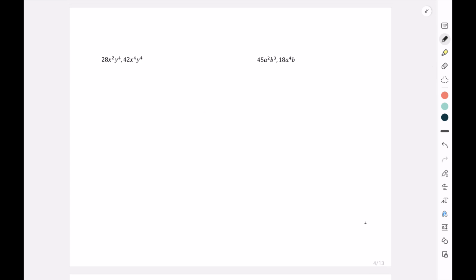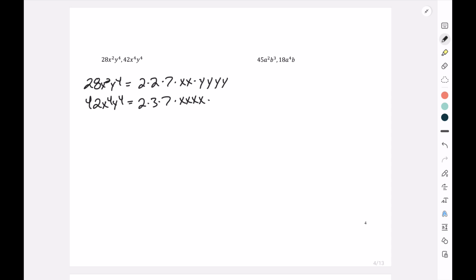So we are given 28x squared y to the 4th and 42x to the 4th y to the 4th. And we want to figure out what's in common with those two that we could factor out if need be. So for 28x squared y to the 4th, we would have 2 times 2 times 7 times 2 x's and 4 y's. And for 42x to the 4th y to the 4th, we would have 2 times 3 times 7 times 4 x's times 4 y's.